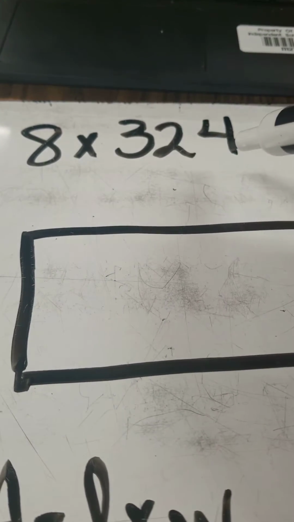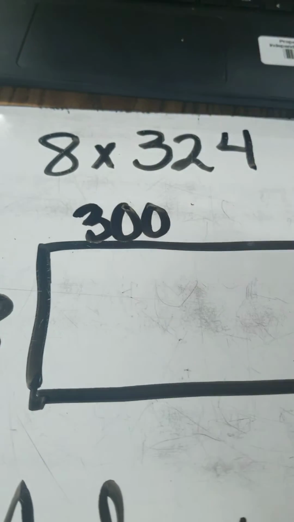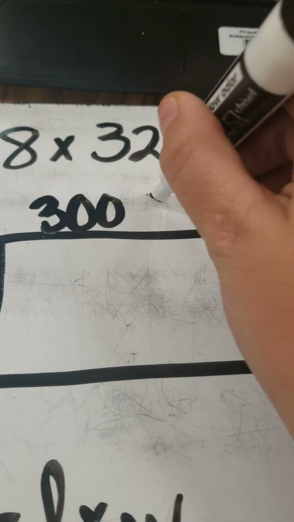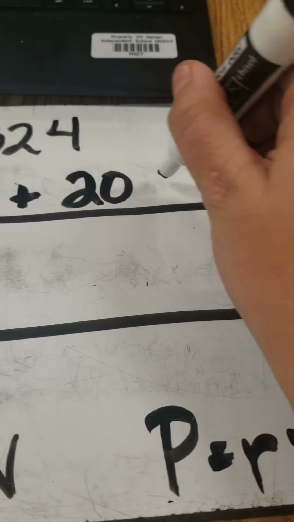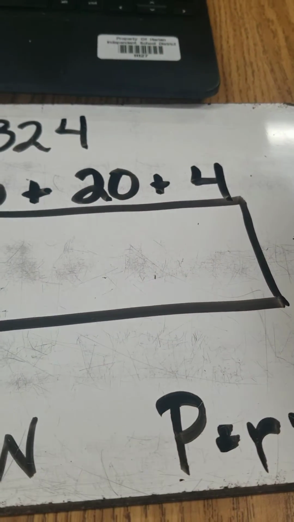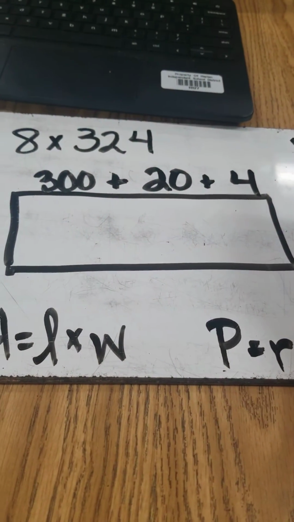So 324 expanded is 300, because you have a 3 in the hundreds place, plus 20, 2 in the tens place, plus 4 in the ones place. That would be 324.